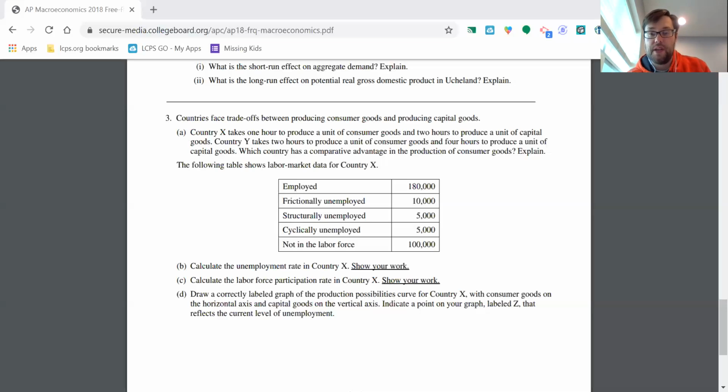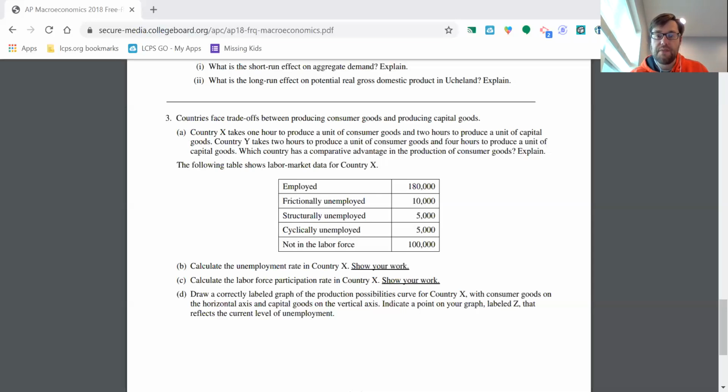Now cyclical is not part of the NRU, right? So if the cyclical unemployment rate is positive, that means somehow we're not utilizing all of our resources, right? And in this case, the cyclically unemployed number is positive, right? We have 5,000 people that are considered to be cyclically unemployed.